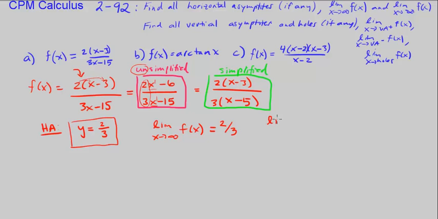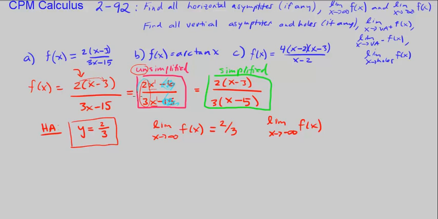And the limit as x approaches negative infinity of our function, okay? Again, as x gets bigger and bigger, we care less and less about these constants that we're subtracting. As x is huge, these are insignificant.